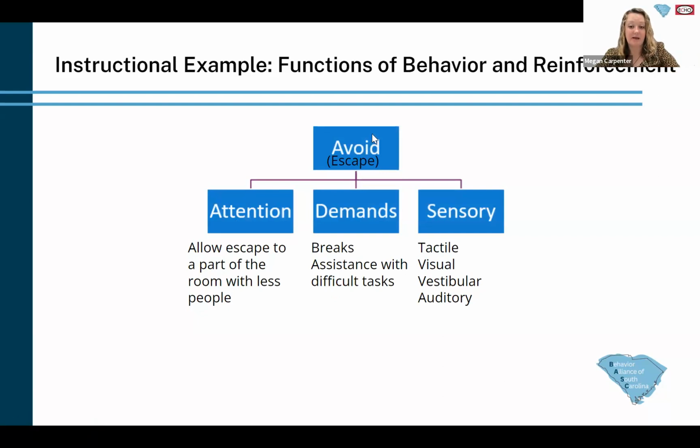Alternatively, students might engage in contextually inappropriate behavior to escape or avoid something, such as attention. When a student asks appropriately, we could allow them to escape to a less crowded area of the room, maybe the back of the room where there aren't as many people, so they can escape some of that attention. If they're engaging in the behavior to avoid task demands, maybe we teach them to ask for a break, so instead of needing to engage in the contextually inappropriate behavior, they can get a break or assistance with that difficult task when they ask appropriately.